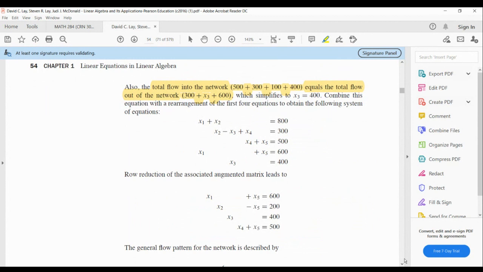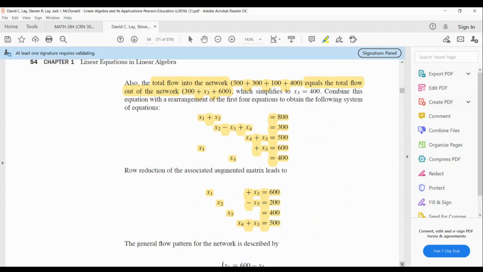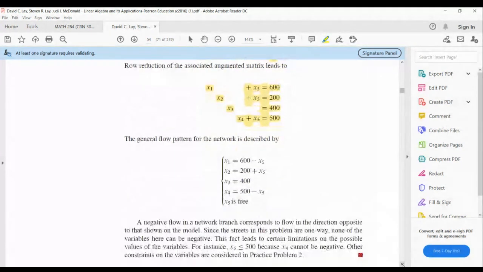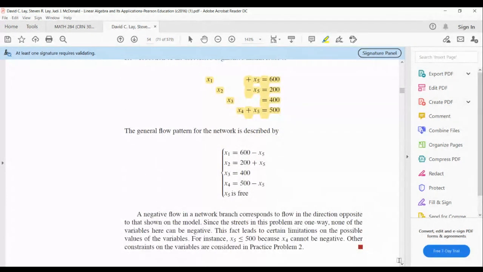That's what they're saying. And so now this is your system of equations. You can use MATLAB. You can enter that in the augmented matrix in MATLAB and reduce it. And so this is your general flow pattern for the network. Okay.